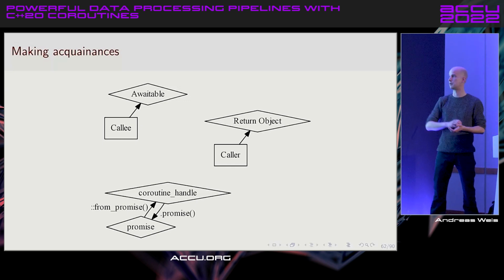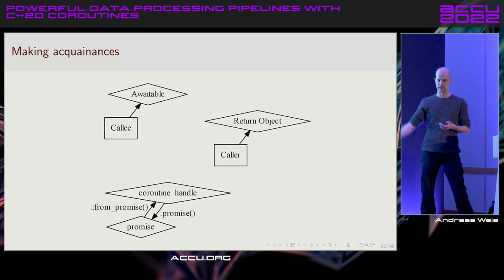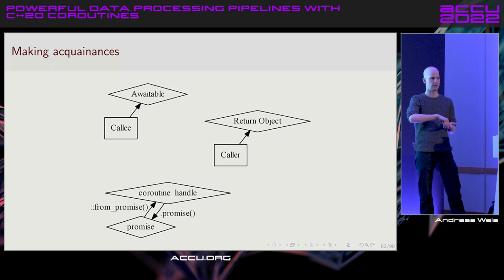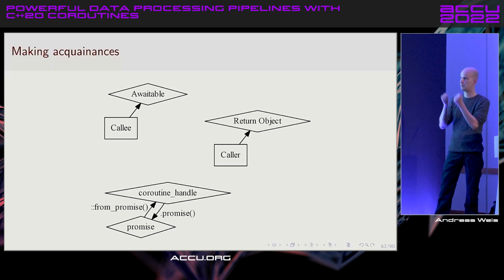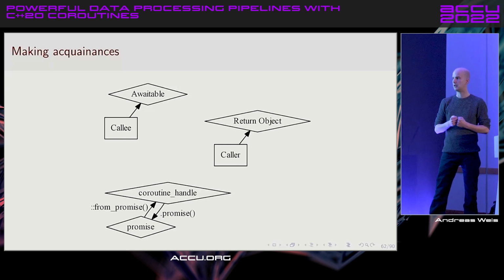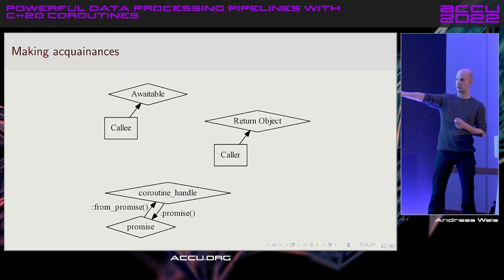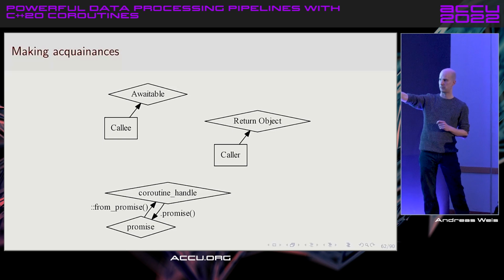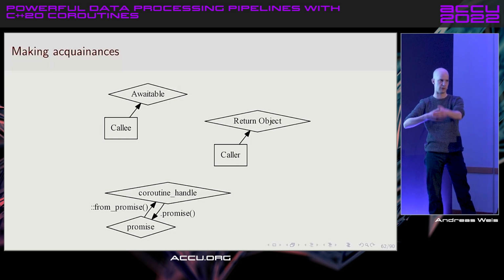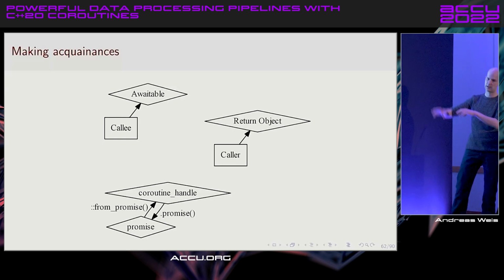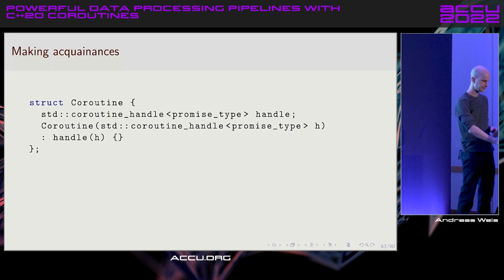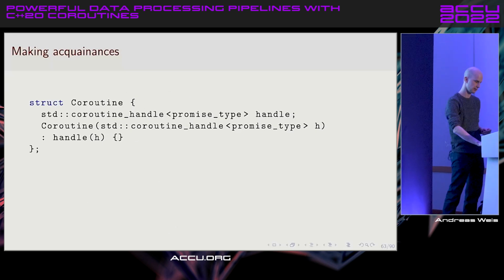The callee is the coroutine. The caller gets the return object back from the initial call that constructs the coroutine, so it holds on to the return object. And then we have this promise and coroutine handle flying around somewhere. We've already seen that as soon as I have one of the two, I can convert it into the other, but it's not really clear how they are connected to the rest. So let's make some acquaintances.